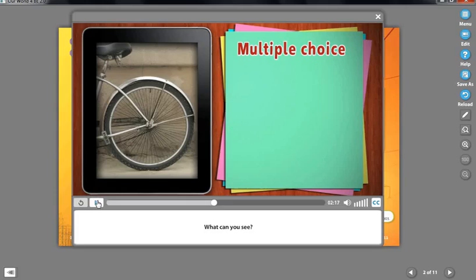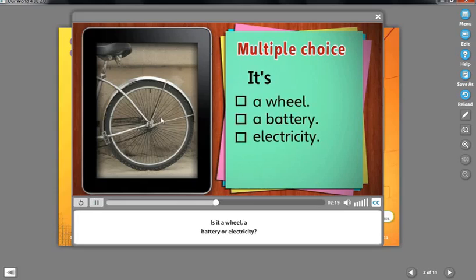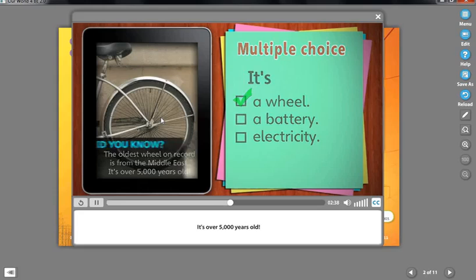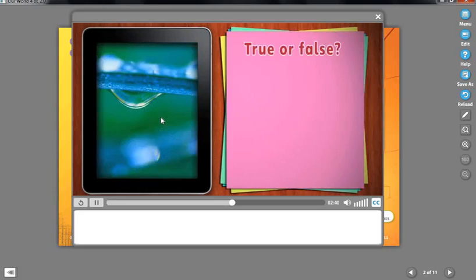What can you see? Is it a wheel, a battery, or electricity? It's a wheel. Did you know that the oldest wheel on record is from the Middle East? It's over 5,000 years old. True or false? Water is an invention. False.